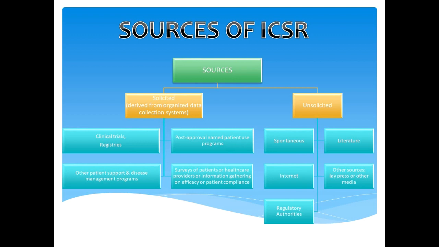People post various articles in social media, and people authorized or hired by the marketing authorization holders keep track of and monitor those posts, and collect information from posts where a patient or someone posts after taking a particular product. Then there is the literature source, various journal publications, other sources like press or other media, then regulatory authorities, etc.